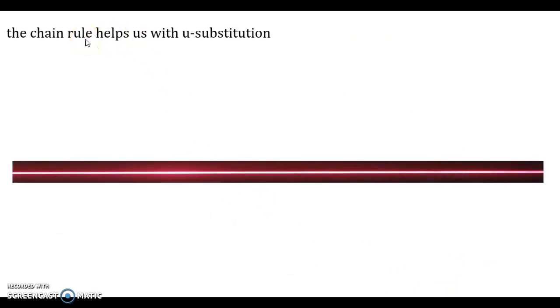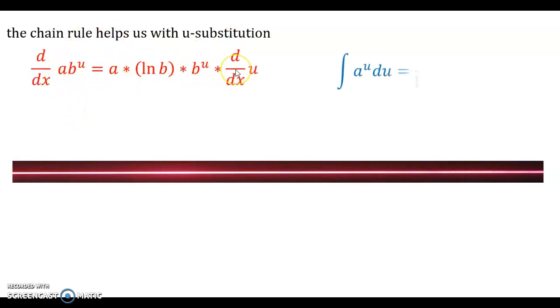So knowing what the chain rule looks like helps us with u-substitution. This is from an older video. We have the derivative of a constant raised to a power. We make sure we have the derivative with respect to that power. So if we have the integration, that a to the power comes along.